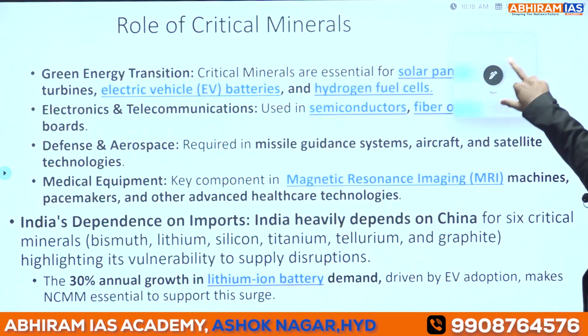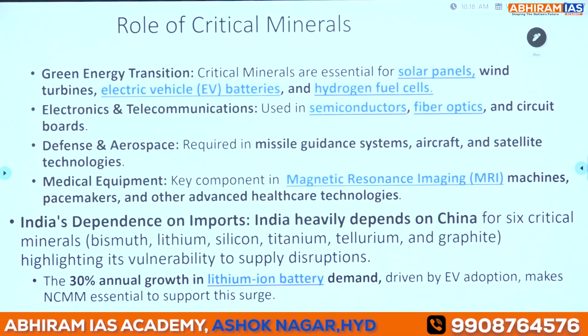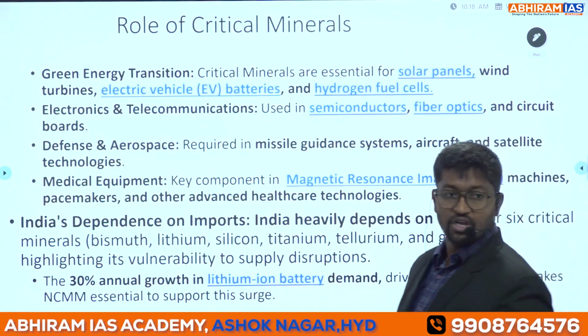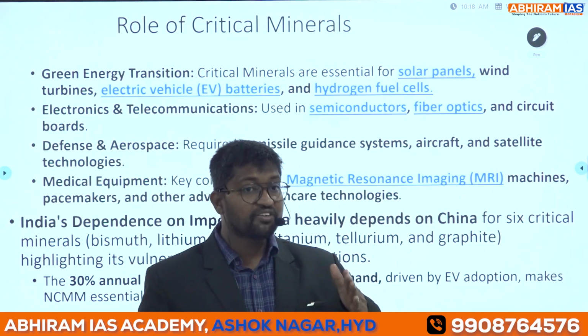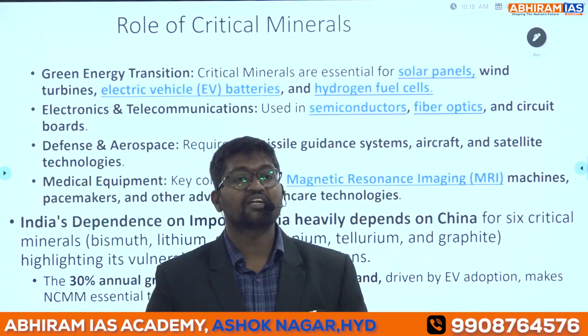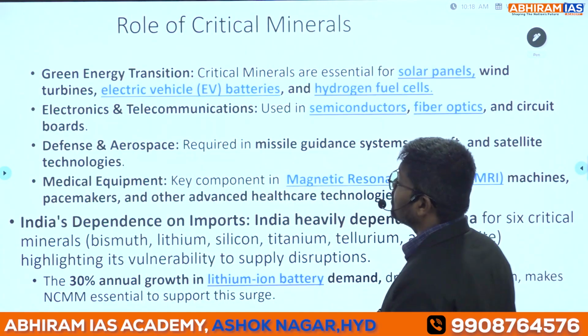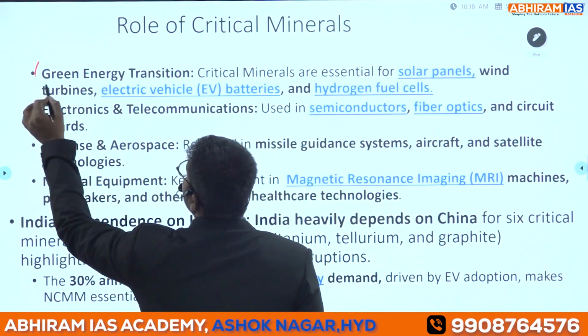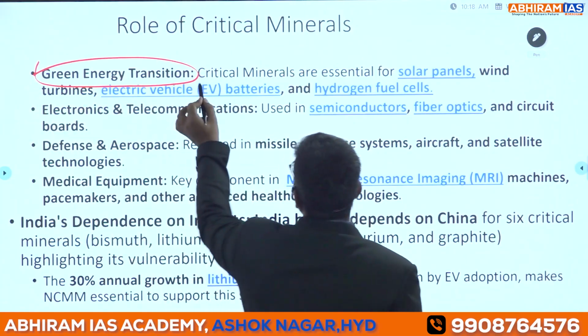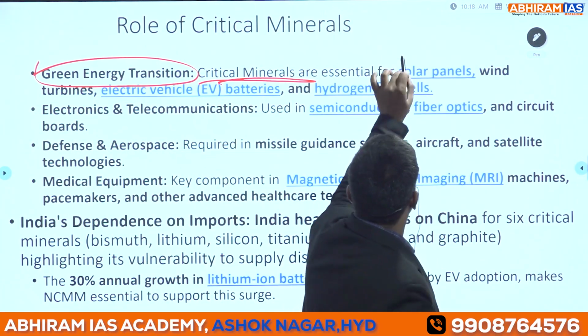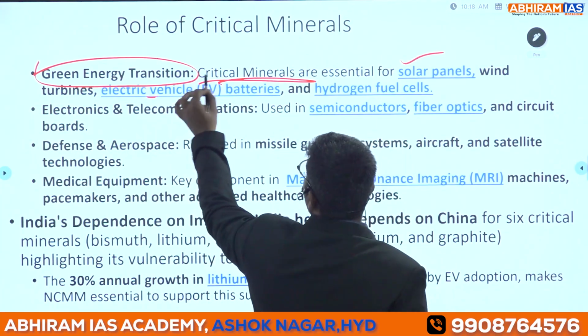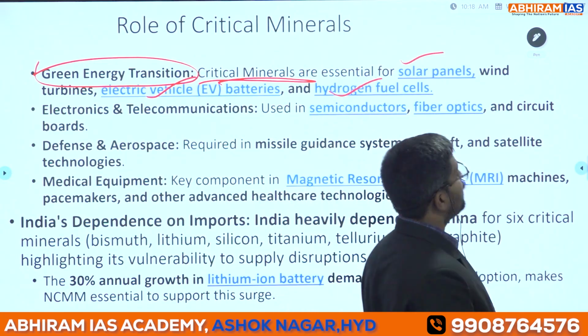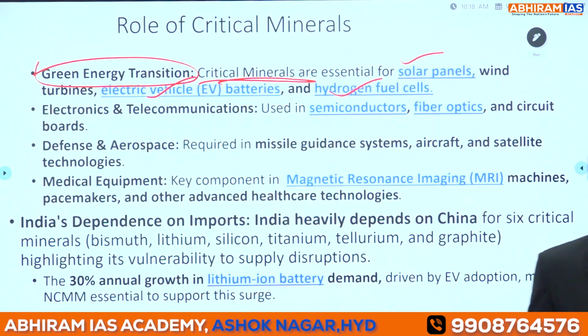In solar panels, did we already discuss solar panels? Earlier we were using silicon, now we are shifting from silicon, so we need critical minerals. To transition to green energy we need critical minerals, whether it might be solar panels, electric vehicles, or hydrogen fuel cells.